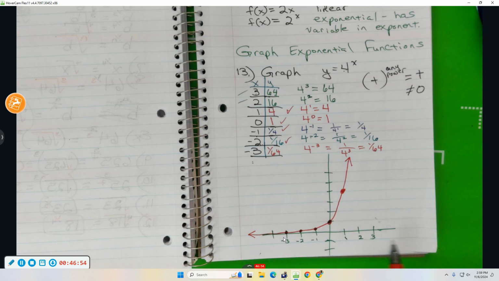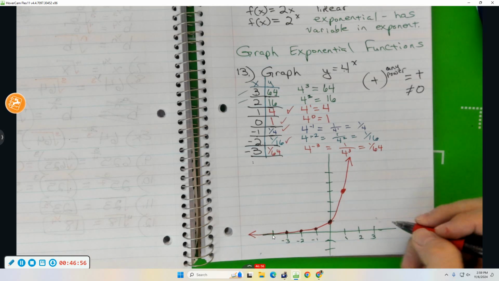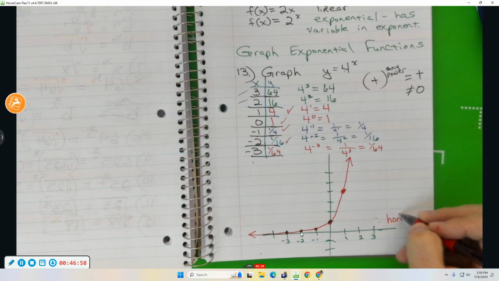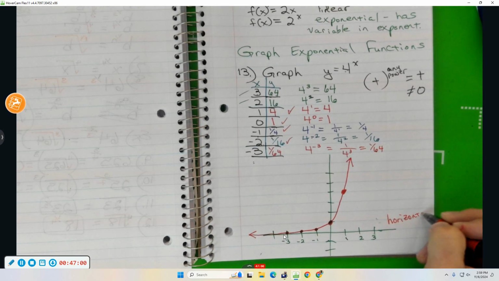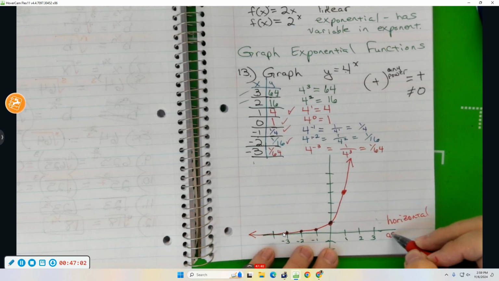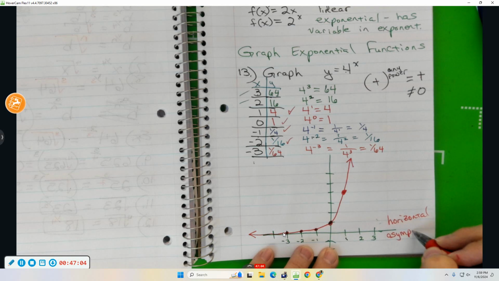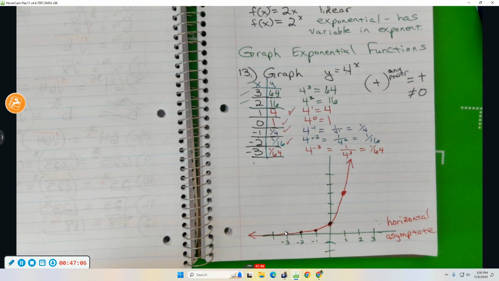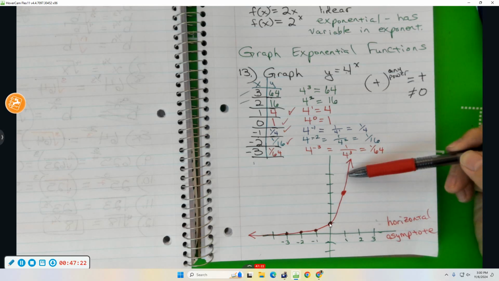We say that the x-axis is a horizontal asymptote. We also say the graph approaches the x-axis asymptotically. Something you can remember that will make these graphs a lot quicker: you should expect one side of the graph to be growing very fast.